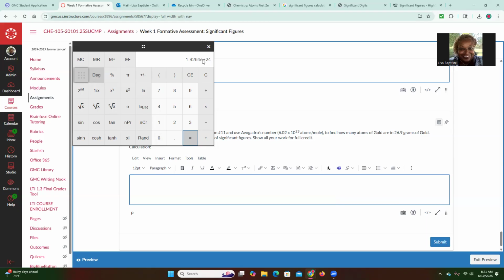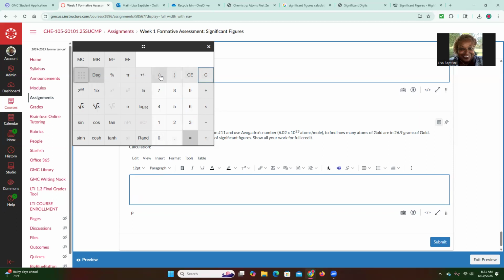That plus means that the 24 is positive, okay? And so I multiplied it by 3.2. So that had two significant figures. So your final answer would be 1.9 times 10 to the 24th. Okay? So let me do that one more time so that you see it.